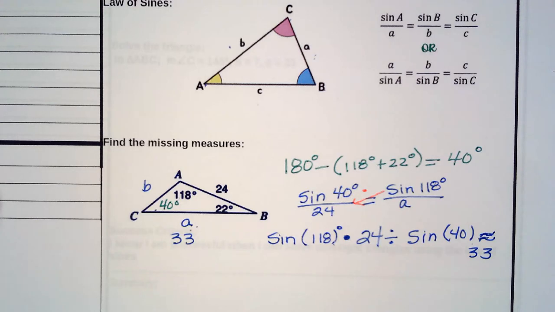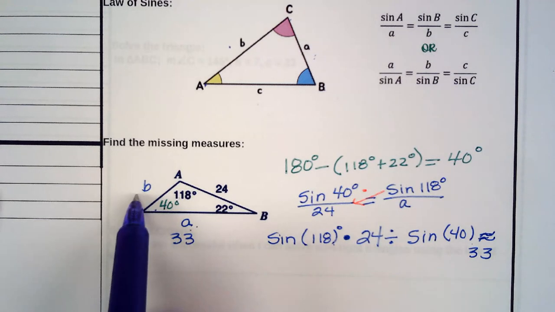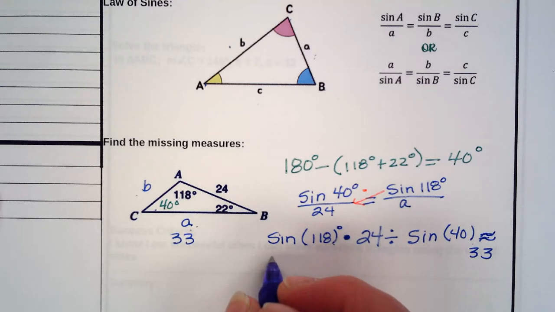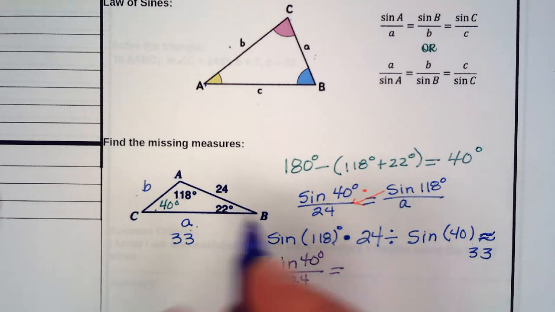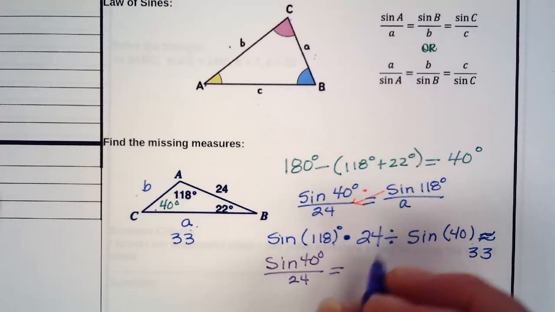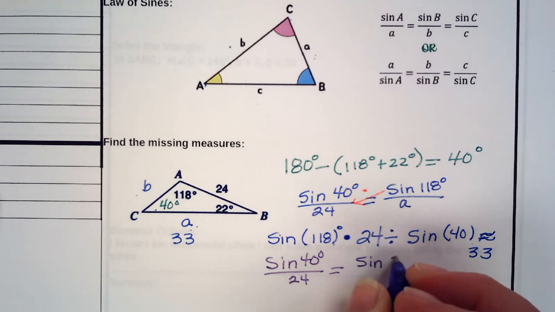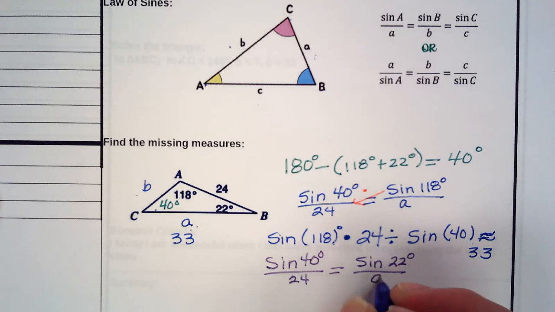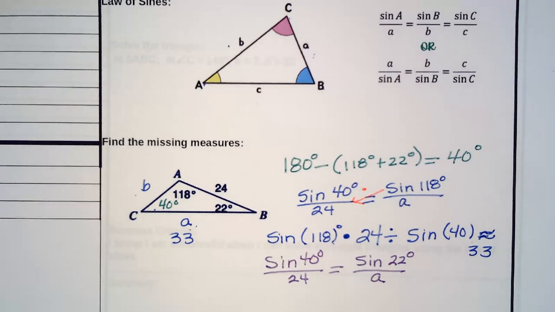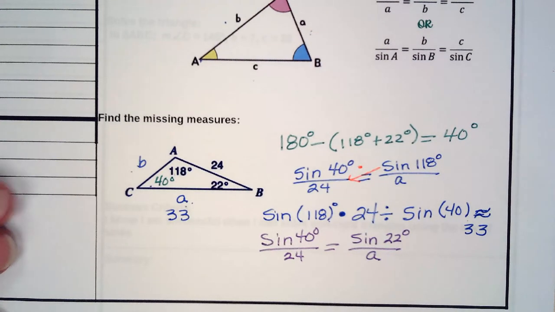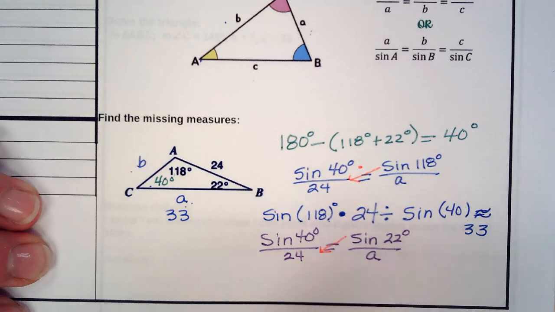I use the same idea to find the measure of b. I start with the sine of 40 degrees over 24 equals, this time angle B is 22, so this will be the sine of 22 degrees over b. You still have to use the exact same math. You'll multiply and then divide. Cross multiplication.